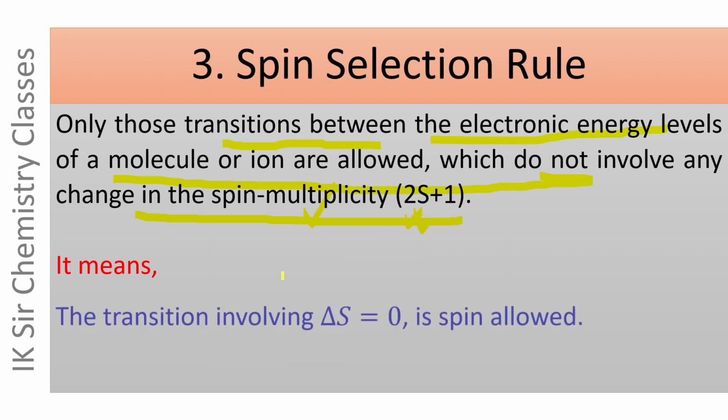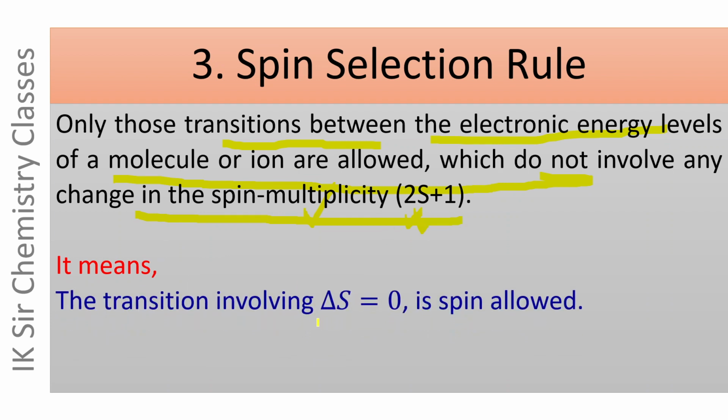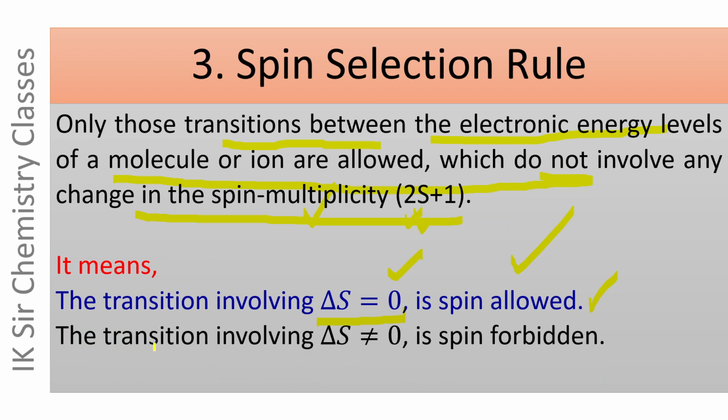It means the transition involving delta S equals 0 is spin allowed. If during any electron transition the spin multiplicity does not change, delta S will be equal to 0, and such an electron transition will be spin allowed. The electronic transition which involves delta S not equal to 0 will be spin forbidden.